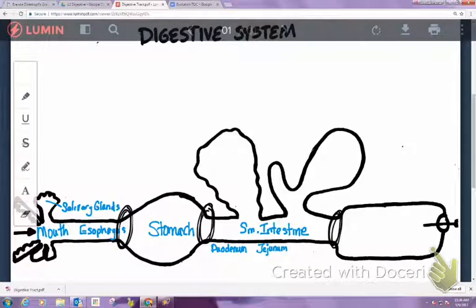Jejunum and ileum. Good. What's the second one? Jejunum. So if you remember, don't jump in. That's a little mnemonic to help you remember the three sections. Don't jump in.